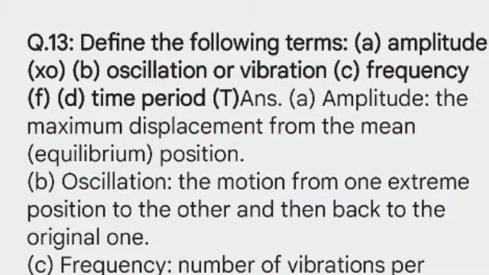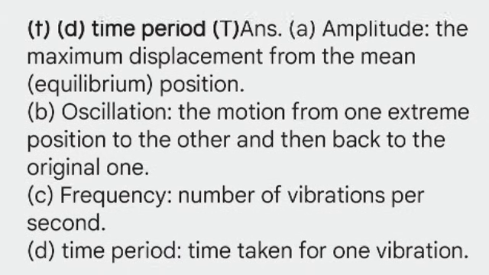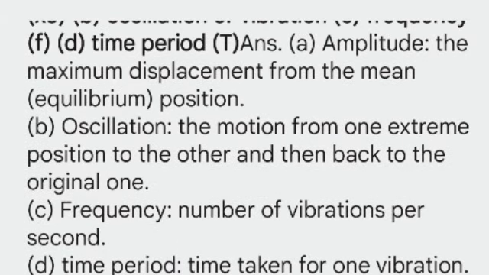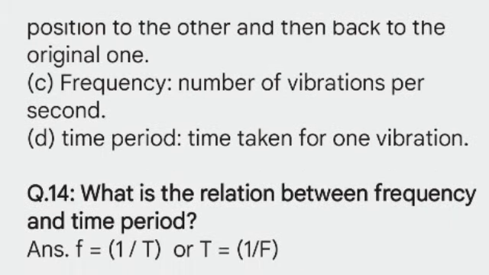The first one is oscillation: the motion from one extreme position to the other and then back to the original one. Next, amplitude: the maximum displacement from the mean position. Next, frequency: the number of vibrations per second. And next, time period: the time taken for one vibration.